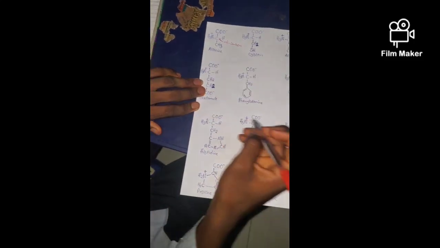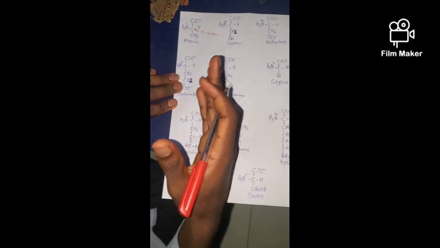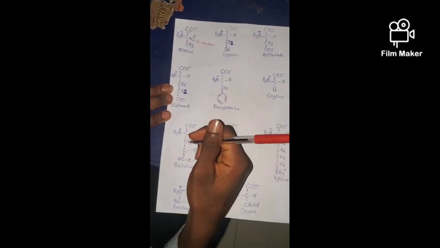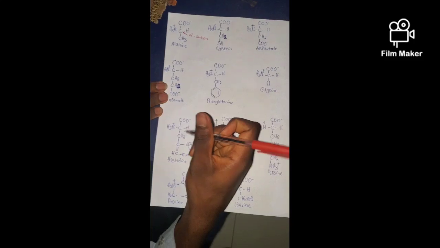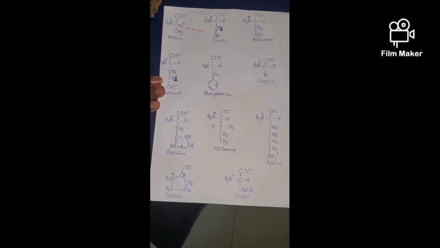If we now move to another carbon, it is going to be the gamma carbon. The next one, the delta carbon, and so on and so forth. So we are going to make use of this trick to easily memorize the structures of amino acids.